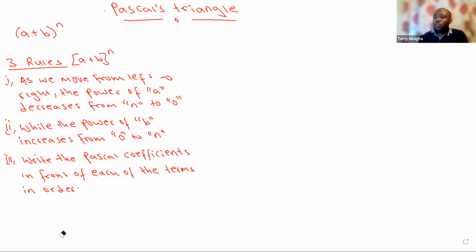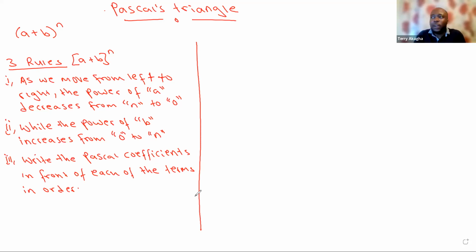So the first thing, as you move from left to right, the power of a decreases from n to 0. Is that making sense? While the power of b increases from 0 to n, the Pascal coefficients will be in front of each of the terms in order.